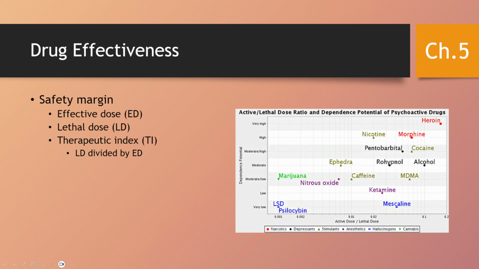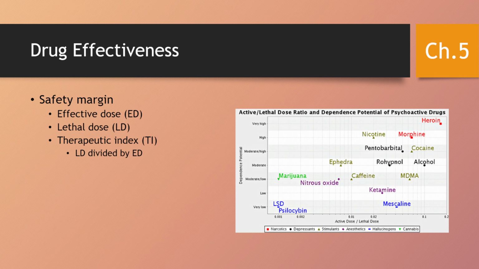And so we can see here actually this chart, which isn't exactly what we're looking at, but I thought it fit well here to kind of depict some of the different values that we have on the active versus lethal dose. So you can see as we get farther over to the right side of the graph, we see drugs with these higher therapeutic indexes, meaning they tend to be more dangerous because they're more likely to overdose on.